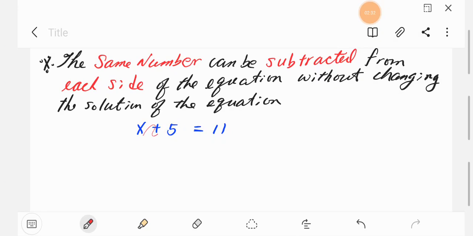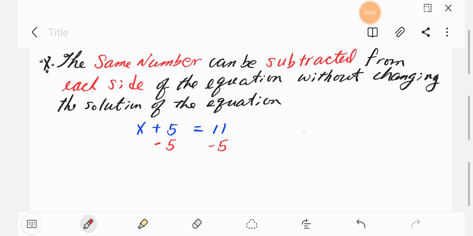It is okay to subtract 5 from each side: subtract 5 from the left side, subtract 5 from the right side. Why subtract 5? It depends on the equation. Now we have a plus 5 here, and the opposite of plus 5 is minus 5, so we subtract 5.